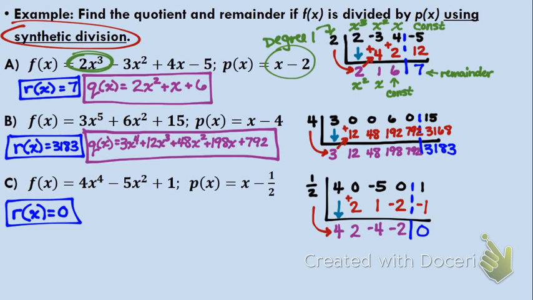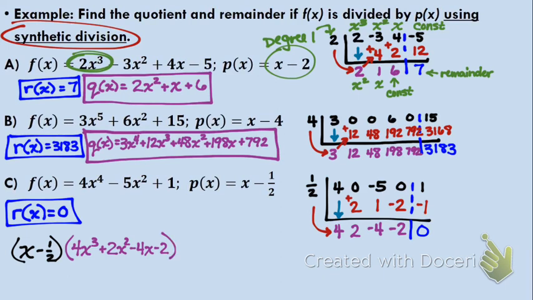I can take my linear factor, x minus 1/2, and I should multiply that by my q of x, which right now looks like 4x cubed plus 2x squared minus 4x minus 2.